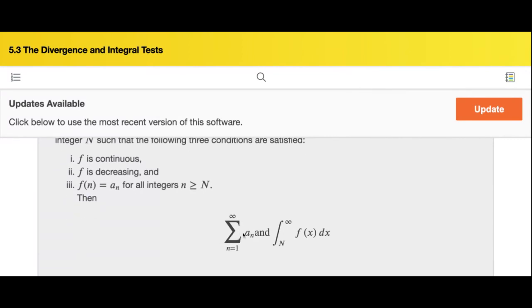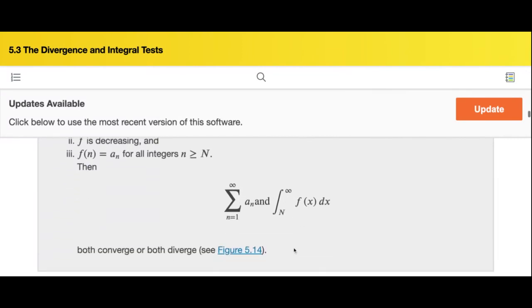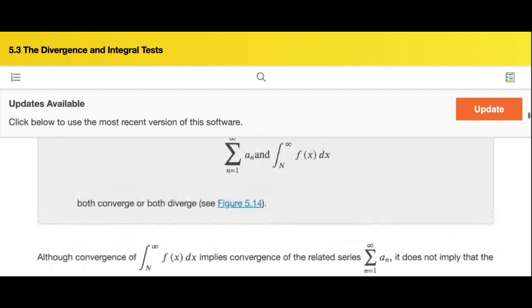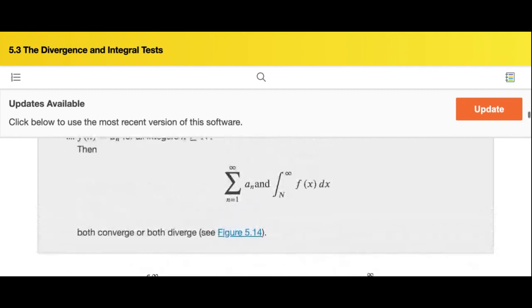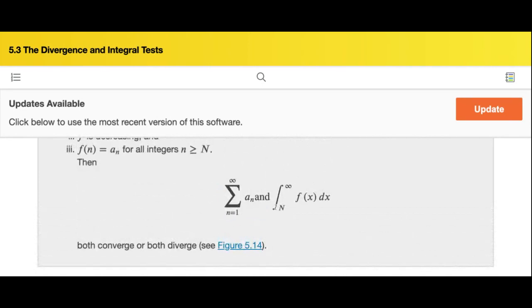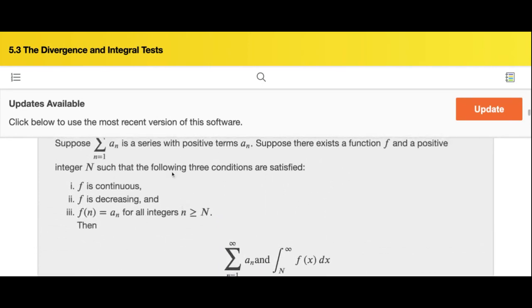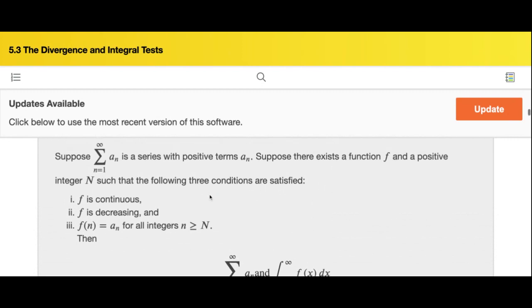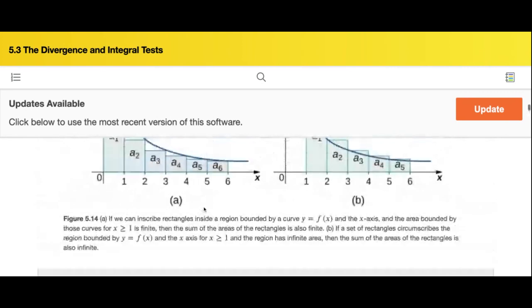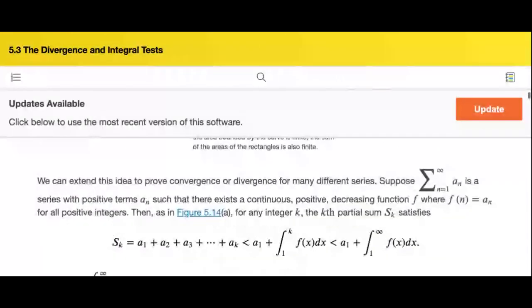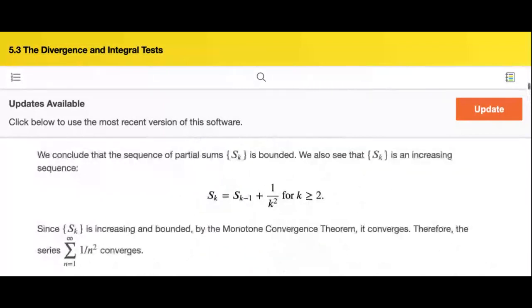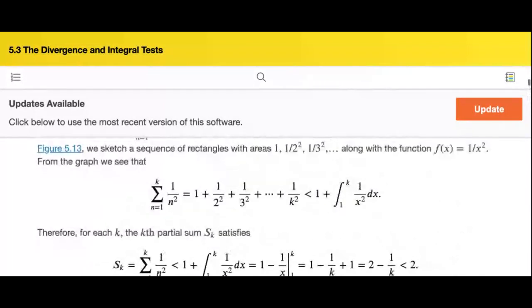Then the series and the integral both converge or both diverge. All right. So if we can find some integral, the relationship is this. You see the first two examples? We have 1 over x and 1 over x squared, right?